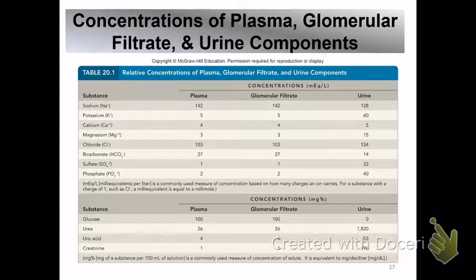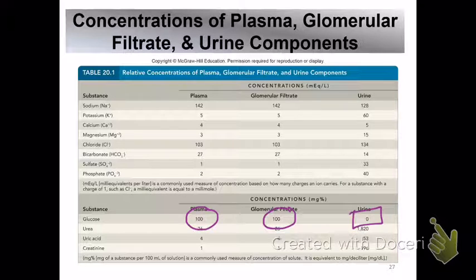Okay, so there's where you can see just what's filtered and the concentrations of sodium, potassium, calcium, those electrolytes. Okay, this right here you'll notice is also interesting down here at the bottom. So look at glucose, for example. Glucose in the blood. The glucose is filtered back. How much glucose should be in your urine?